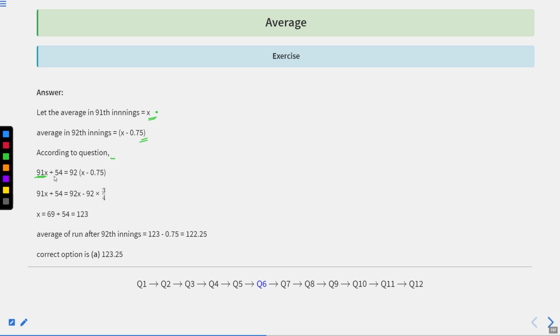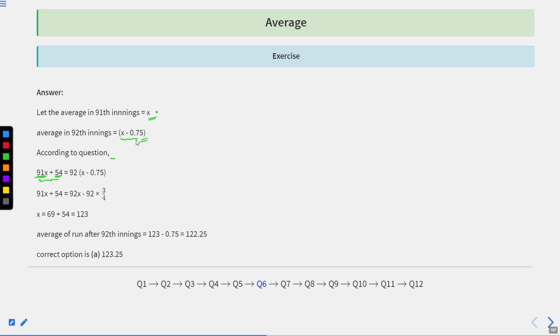Okay. And in the 92nd inning, he scored 54 runs. So we added 54 runs. So this sum represents his total score after the 92nd inning. Correct? So now we have x minus 0.75. That is his batting average after the 92nd inning. Okay.